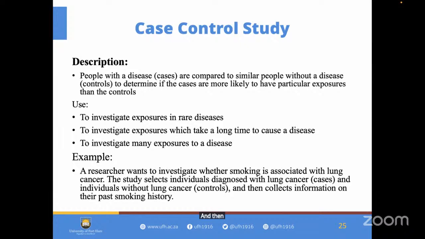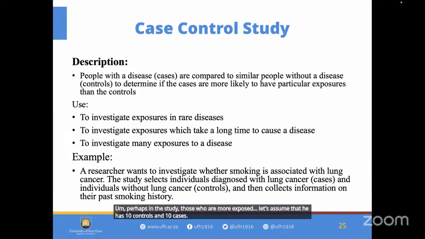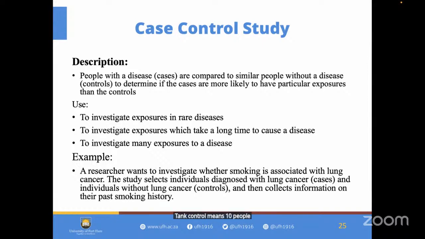And then he collected information on their past smoking history. Let's assume that he has 10 controls and 10 cases. 10 controls means 10 people who are not smoking, and 10 cases mean 10 people who are smoking.